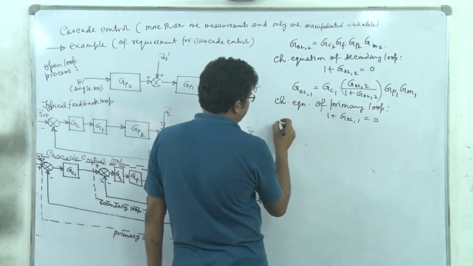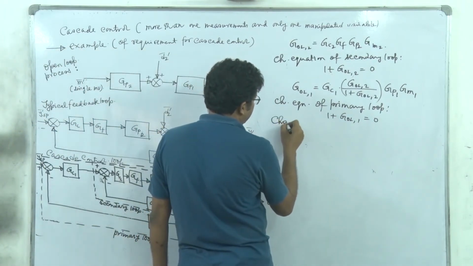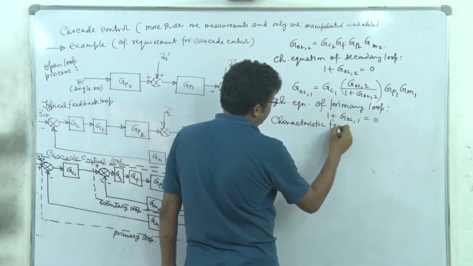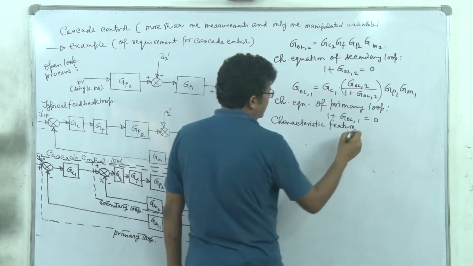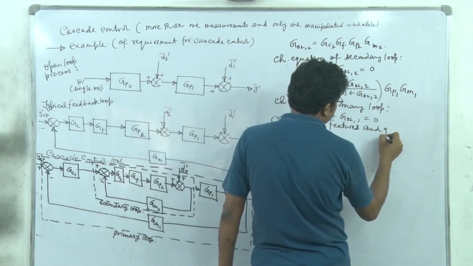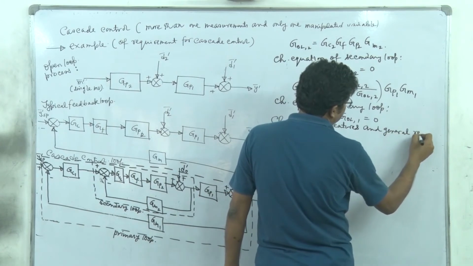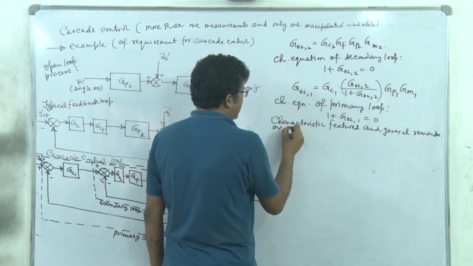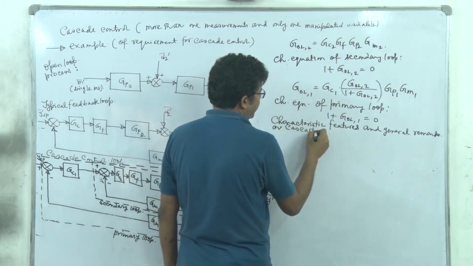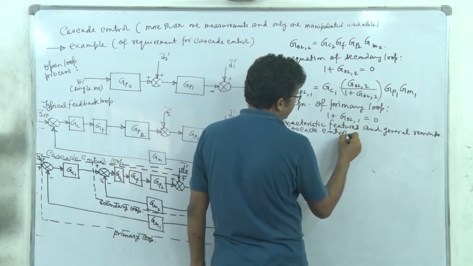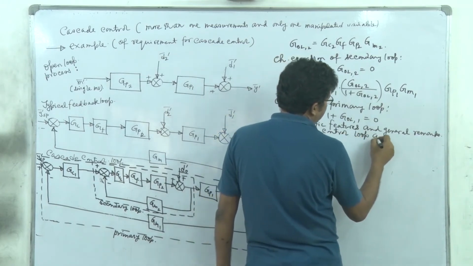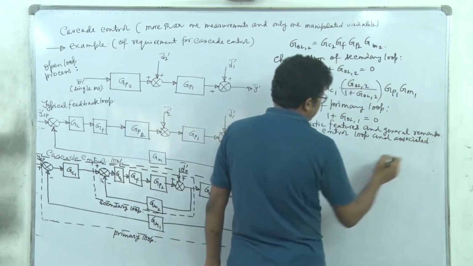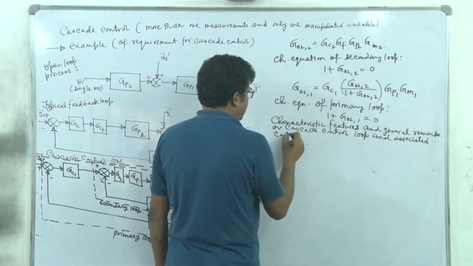So here we'll go for some characteristic features and general remarks on cascade control loop and associated controller design.